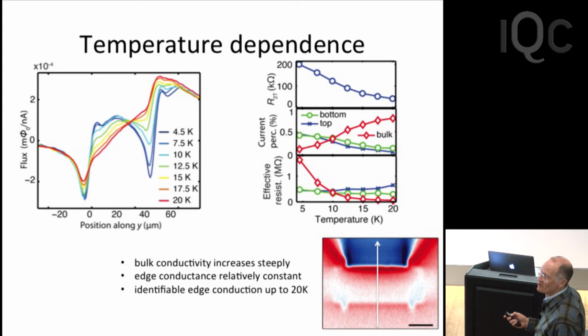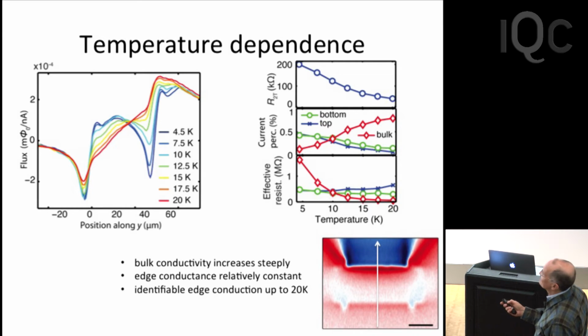Trust me, not much is going on between 4 degrees and 200 millidegrees. Anyway, if you have the same sort of three-component model, what you find is that the bulk conductance, this is resistance, the bulk resistance falls exponentially as the temperature is raised.